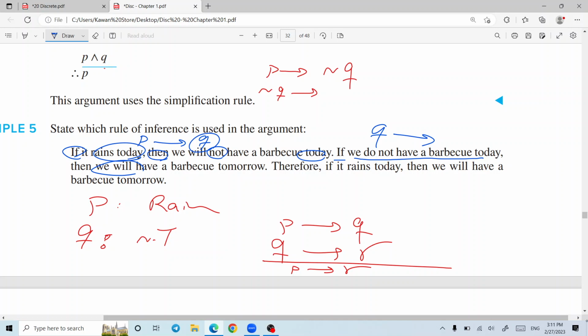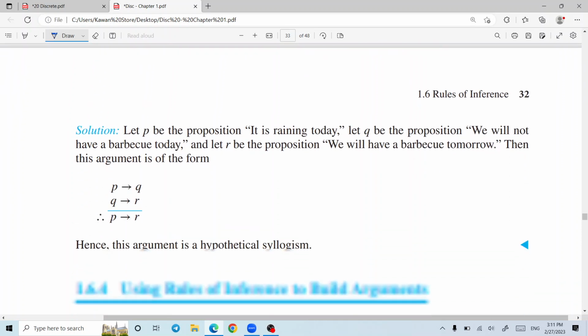Not today, then tomorrow: Q, R. Am I right? In conclusion, therefore means we are at the other level. Therefore, as we say, this can be shown by three dots. Therefore, if it's raining, the first one, then barbecue tomorrow, the last one. You got it? So here we are.